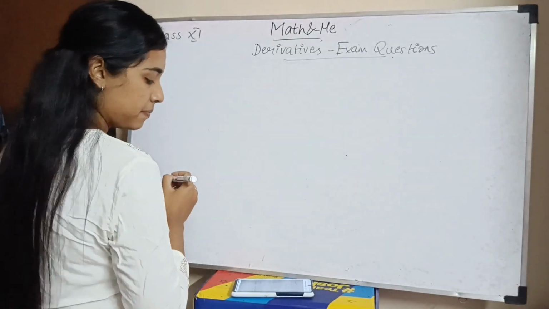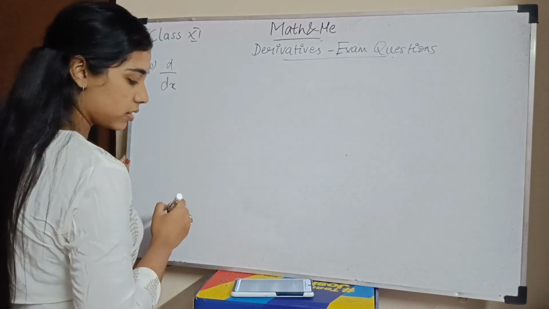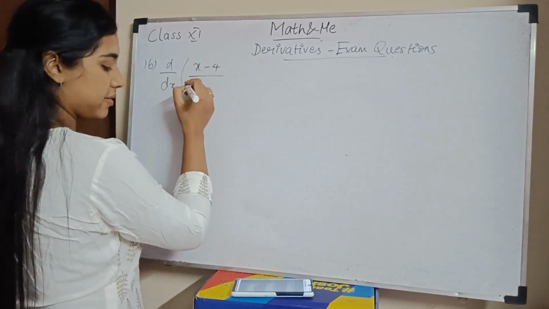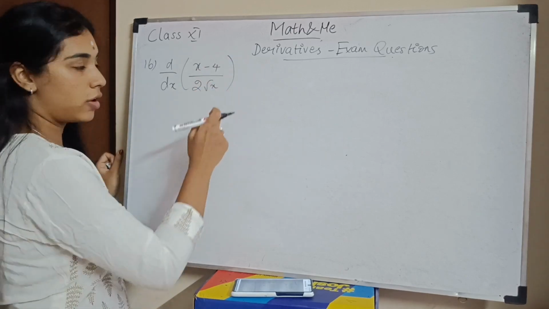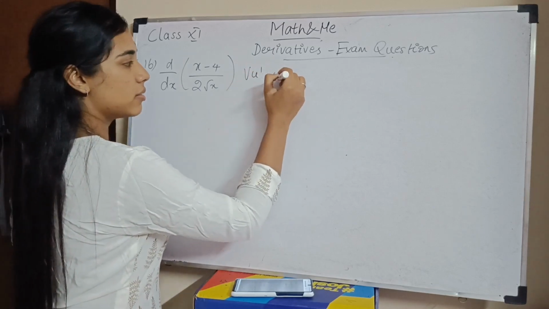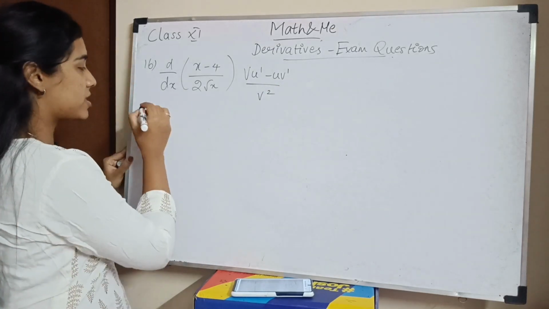Question number 16: d by dx of (x minus 4) divided by 2 root x. So this is of the form u by v. So what is your formula? (v u dash minus u v dash) divided by v square. So what is the answer?